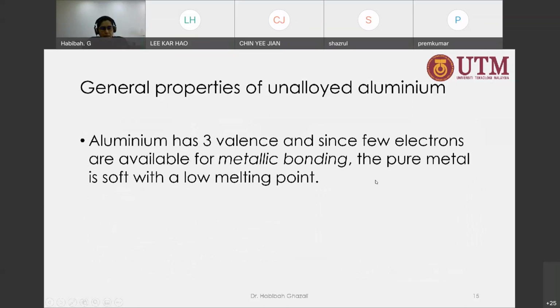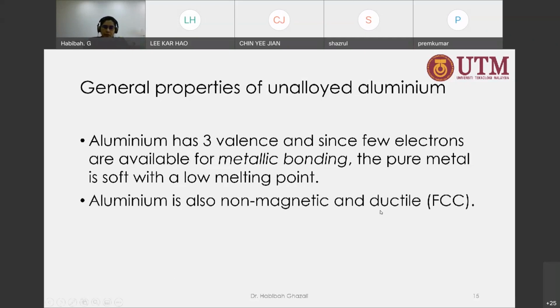Another property is that it has 3 valence electrons. Since there are only few electrons available for the metallic bonding, the pure metal is soft and it also has a low melting point. Apart from that, aluminum is non-magnetic and it is very ductile.